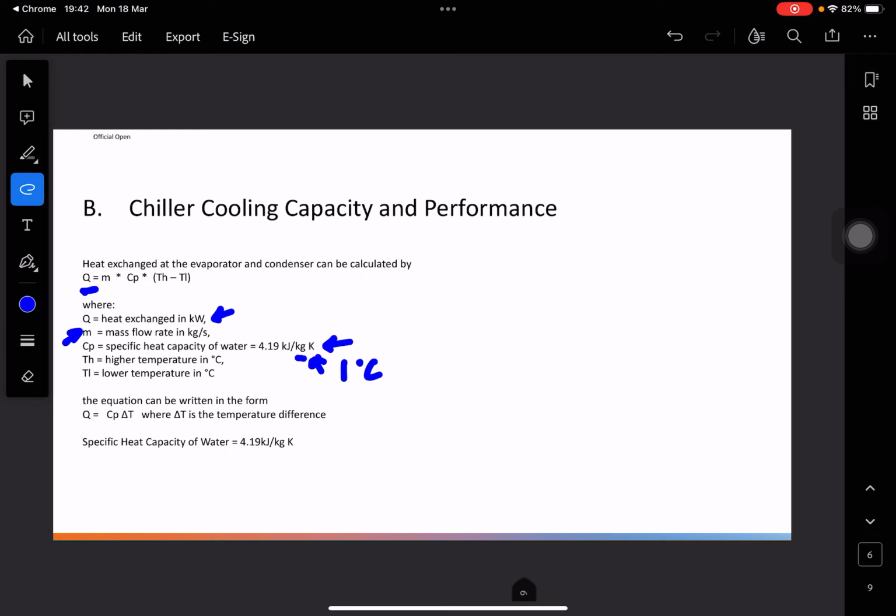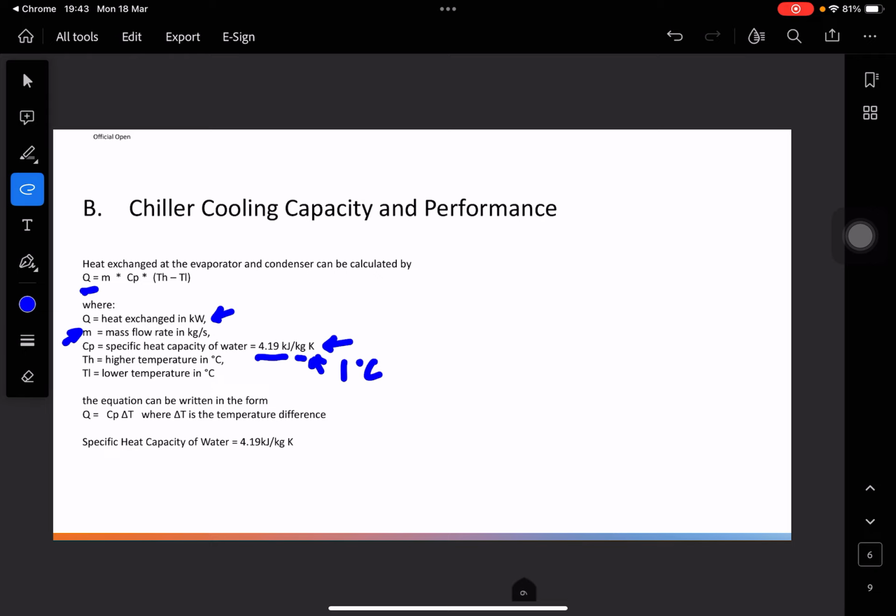So it will take about 4.19 kilojoules to heat up 1 kg of water by 1 Kelvin, or 1 degree C. This tells you how much heating capacity water has. The higher it is, the more heat capacity you have, meaning you take more heat to heat up a certain thing.